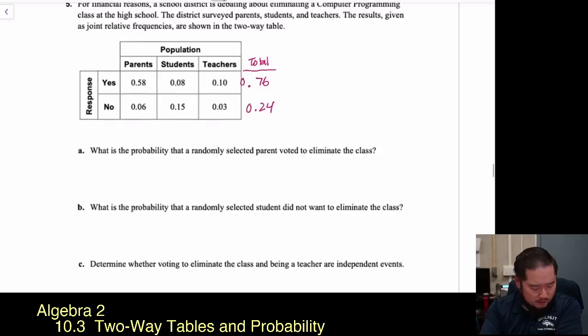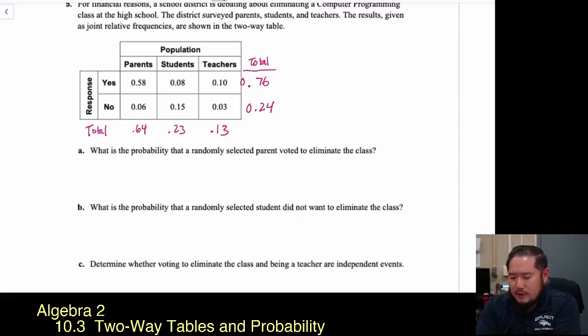Now, let's also figure out the totals of parents that responded yes and no. And that will be 0.64. For students, total yeses and nos is 0.23. And for teachers, total yeses and nos is 0.13.